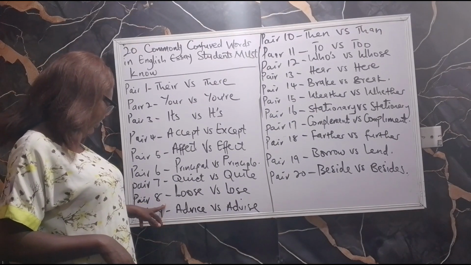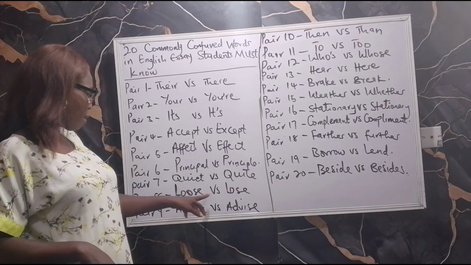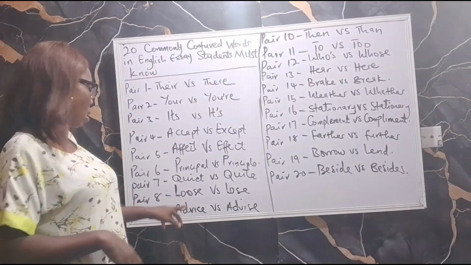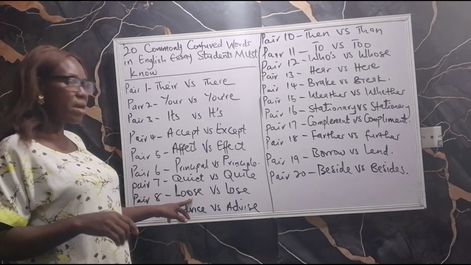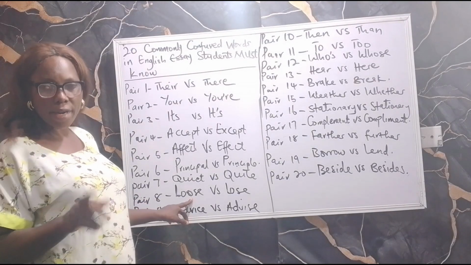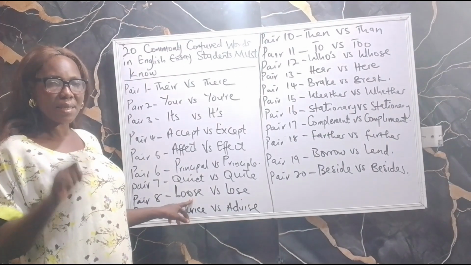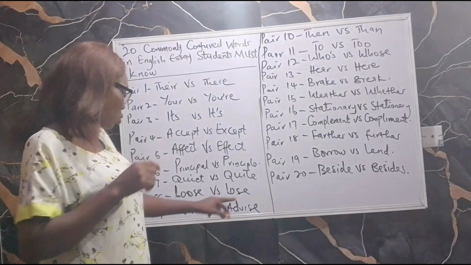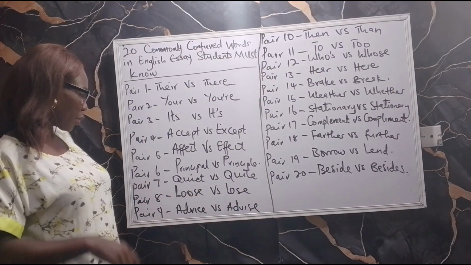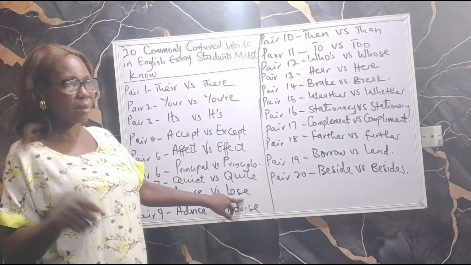Then pair 8, we have loose versus lose. Loose here means not tight. For example, my skirt is loose. Then lose here means to fail to win. For example, don't lose the match.